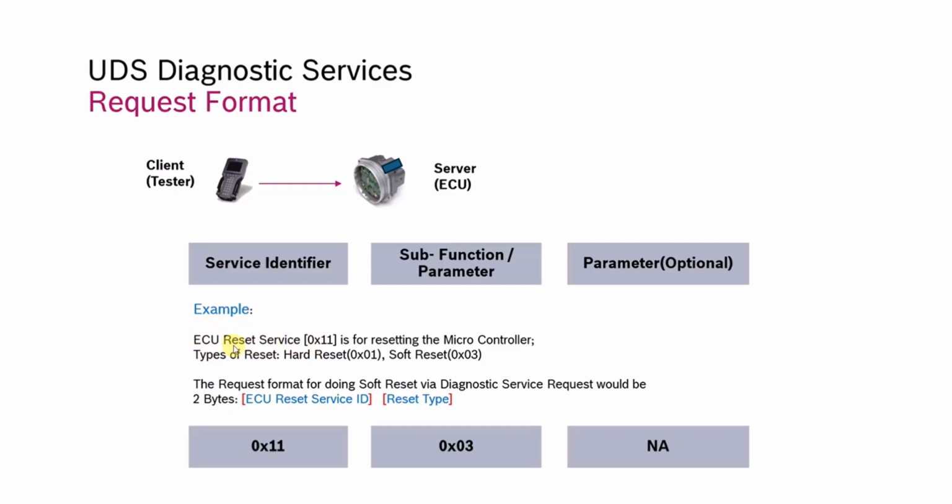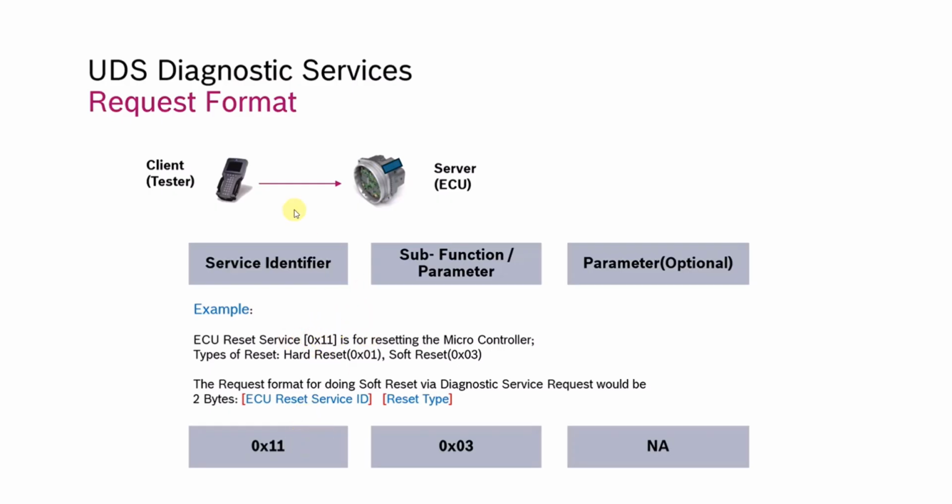As I told, many services are there. One of them is ECU reset. It's only used for resetting the microcontroller. So if I select service 11 here, the server will understand that it is only for a reset.